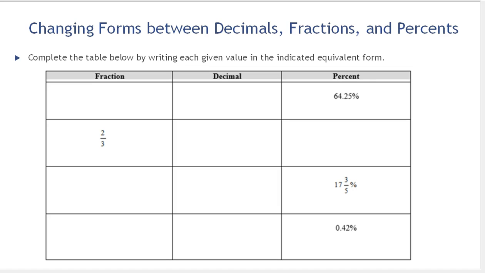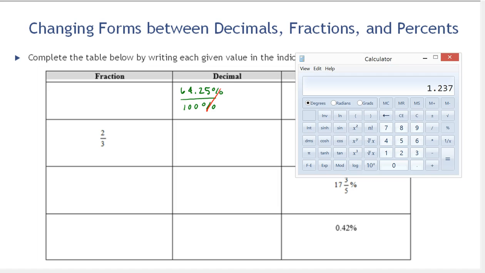Now we have a percent, and the percent has a decimal in it. But we're going to use the same idea, 64.25%. We want to divide by 100% to rewrite the percent as a decimal. Again, the percents cancel. I'm keeping them there as a placeholder.